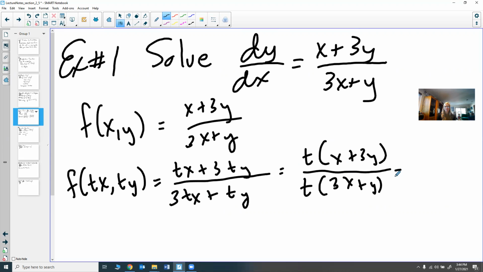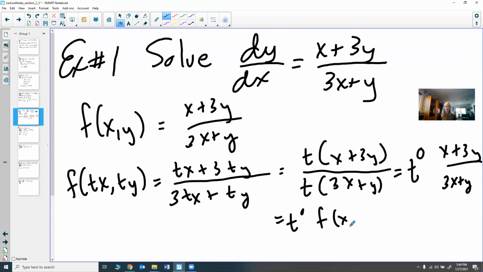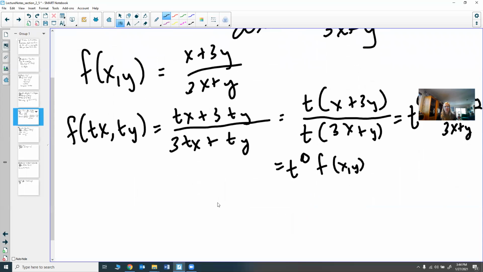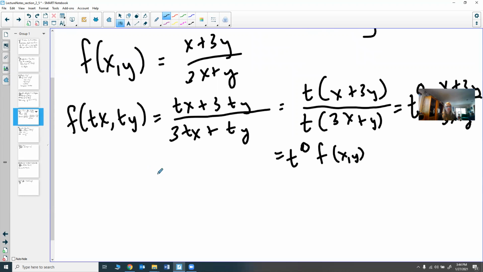T over t gives me t to the 0 power times x plus 3y over 3x plus y. So that is t to the 0 times f of xy. That means we are in fact dealing with a homogeneous function.